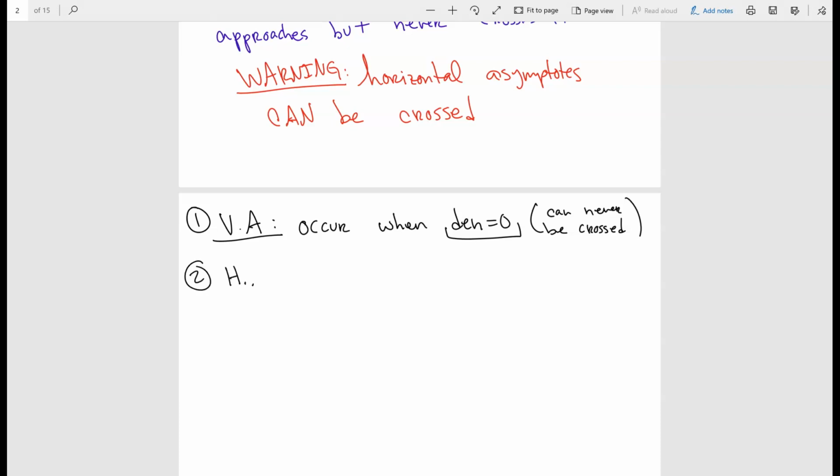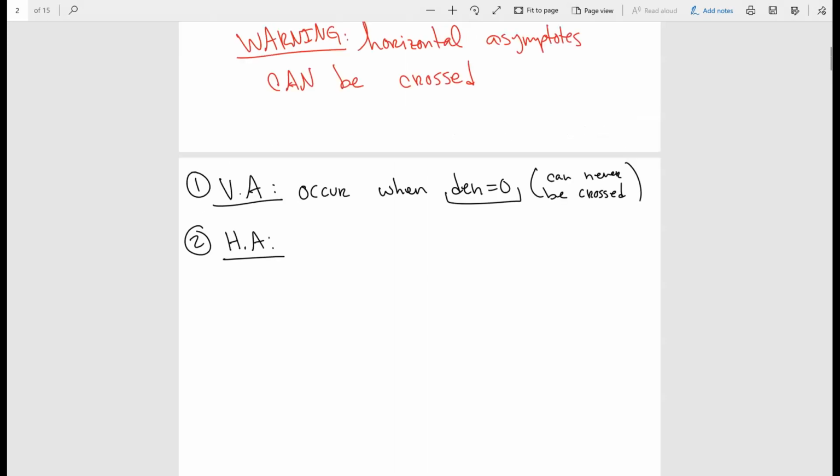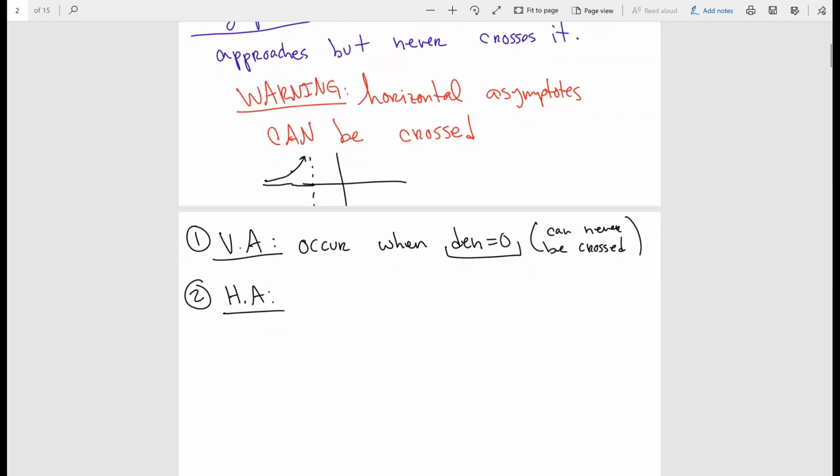What about horizontal asymptotes? I'm going to write those as HAs. A vertical asymptote will have just a vertical line like this, and sometimes the graph may look like that. A horizontal asymptote looks like this.